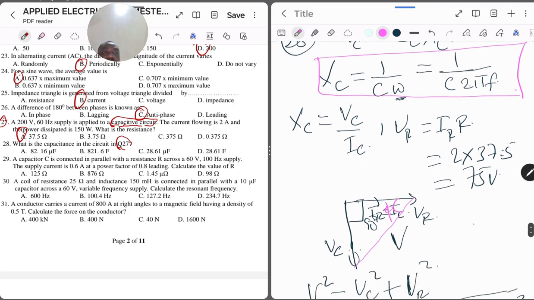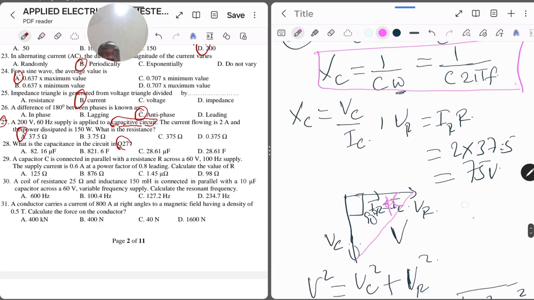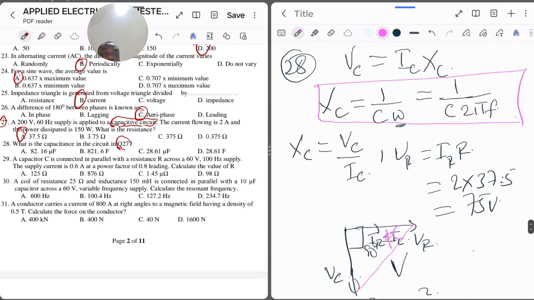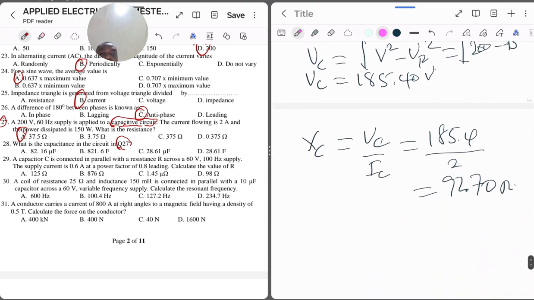So if we make capacitance the subject, meaning we multiply by capacitance, then C will just be equal to 1 over capacitive reactance times 2 pi F. So that gives me 1 over 82.7 times 2 pi times the frequency.